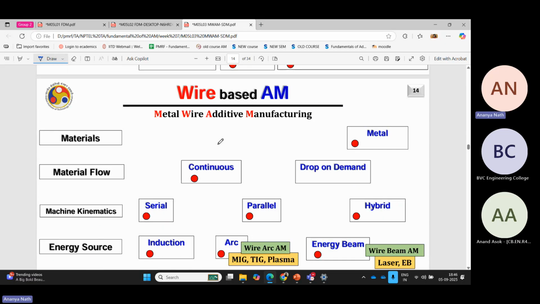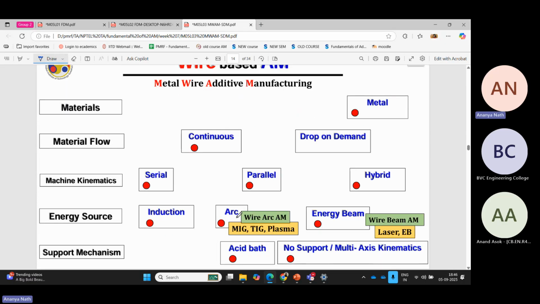We are going to introduce one process, which is wire arc additive manufacturing using an arc, where we use the concept of welding: metal inert gas welding, tungsten inert gas welding, plasma arc welding. These are the welding processes. Welding is also depositing material into the joint of two metal sheets or blocks to join them together.